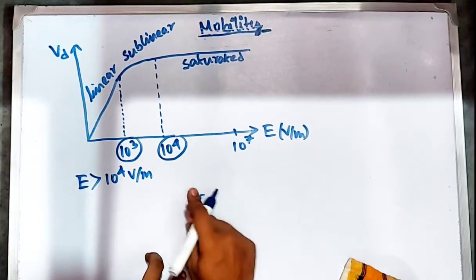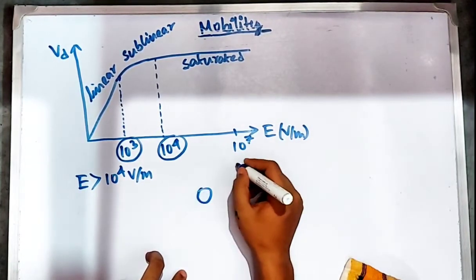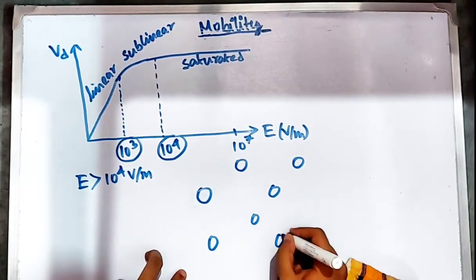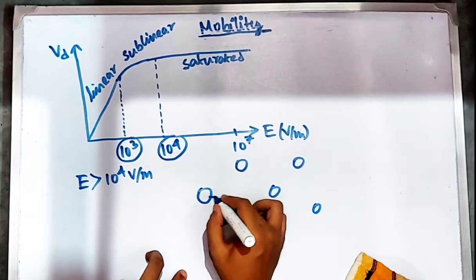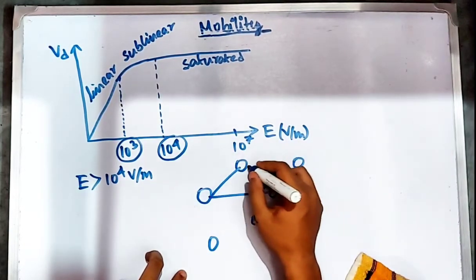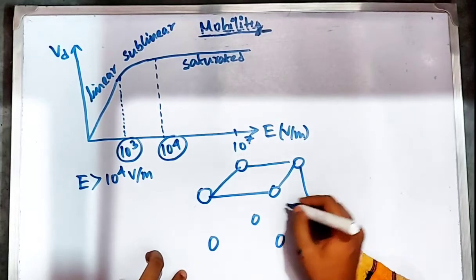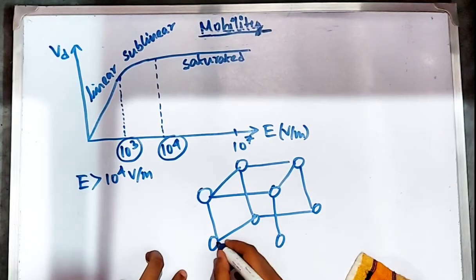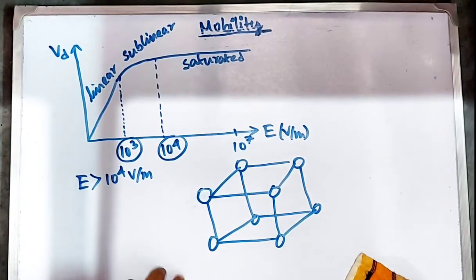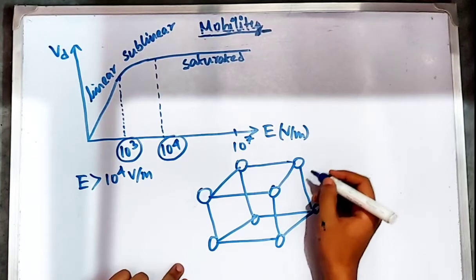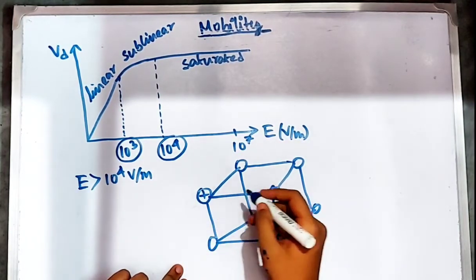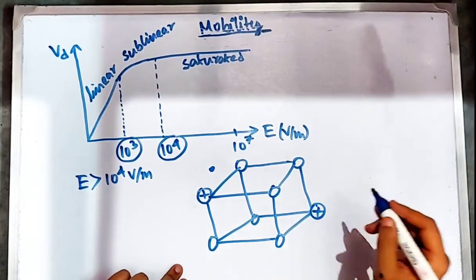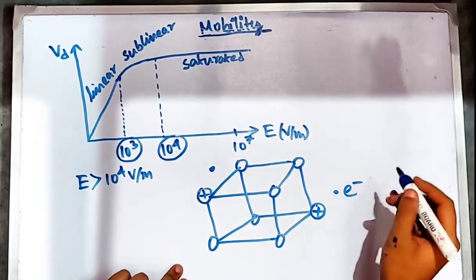So if we think of the lattice structure, if this is a unit cell of silicon, suppose this is an immobile positive ion and this is a free electron.